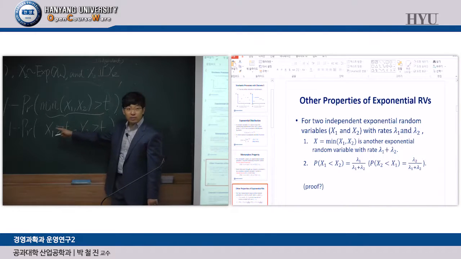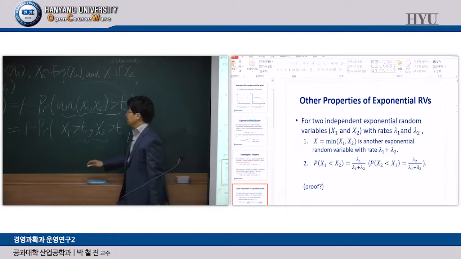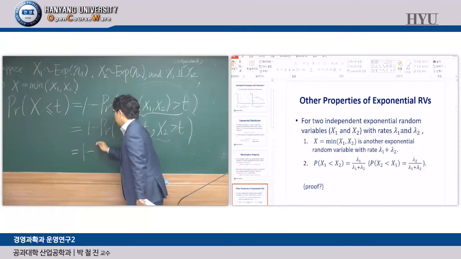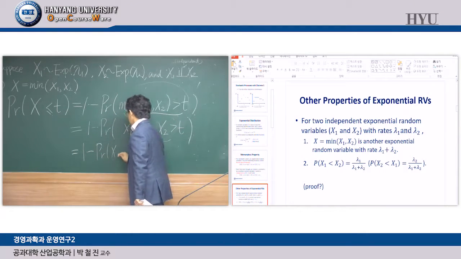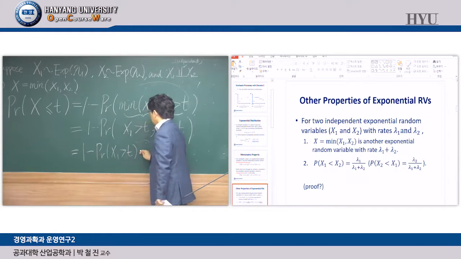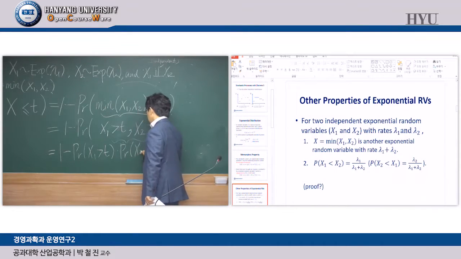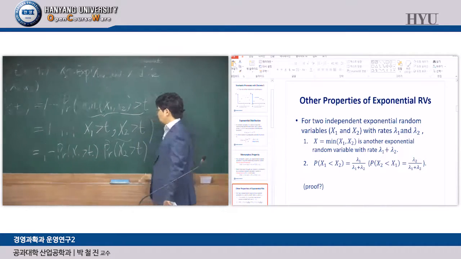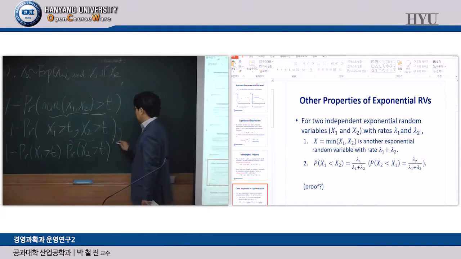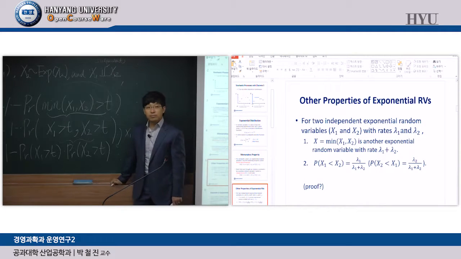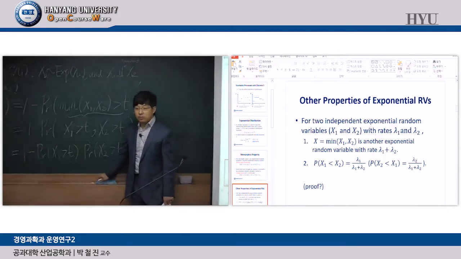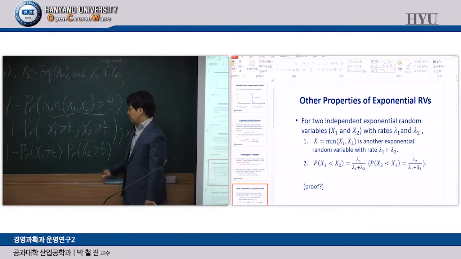And we know that X1 and X2 are independent, so this probability can be rewritten as the probability that X1 is greater than t times the probability that X2 is greater than t, because X1 and X2 are independent. Now we can apply the characteristics of X1 and X2. X1 follows an exponential distribution with rate lambda 1, and X2 follows an exponential distribution with rate lambda 2.